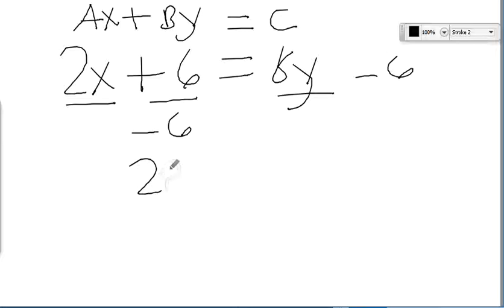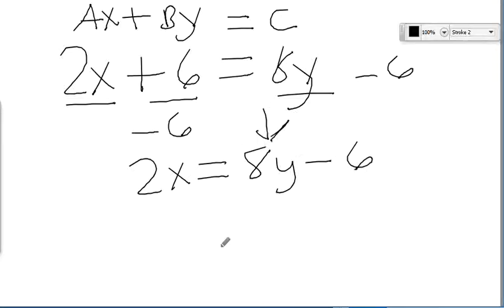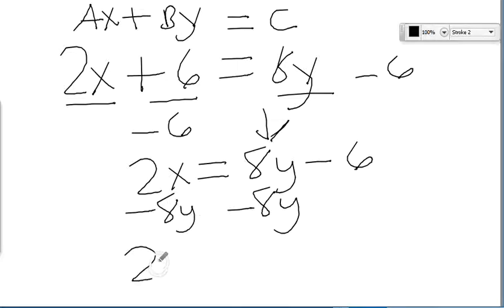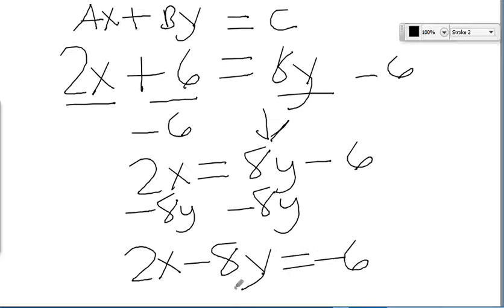So now we're going to have 2 times x equals 8 times y minus 6. And then we also need to eliminate this term from the right side by subtracting 8y, which we're going to have to do on both sides. So 2 times x minus 8 times y equals negative 6.